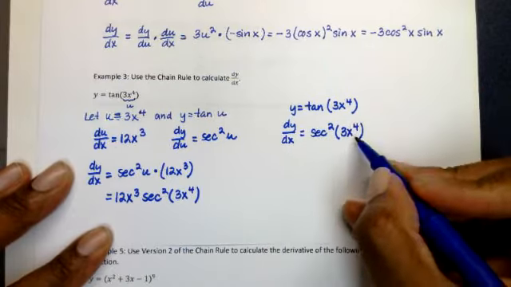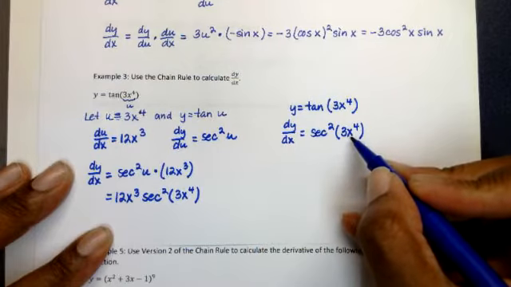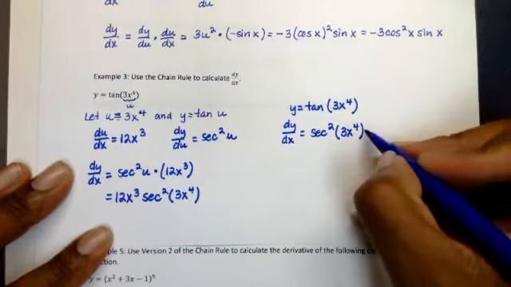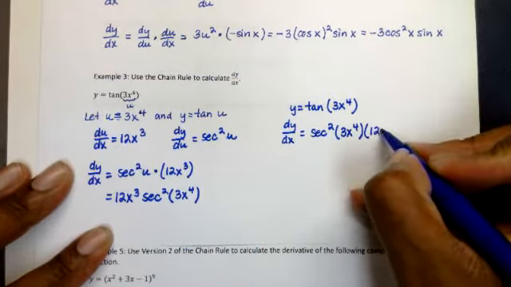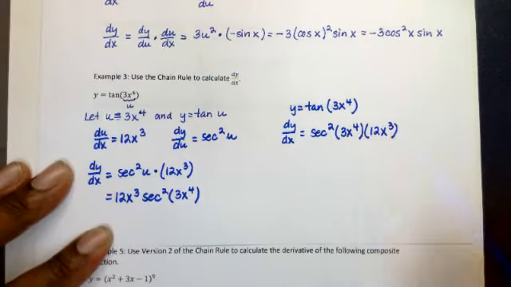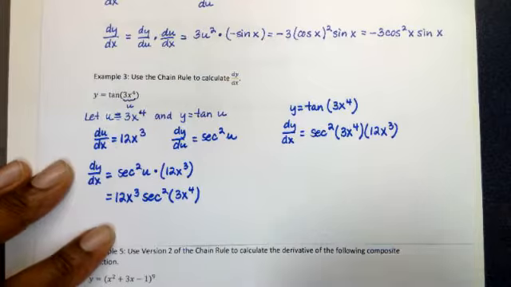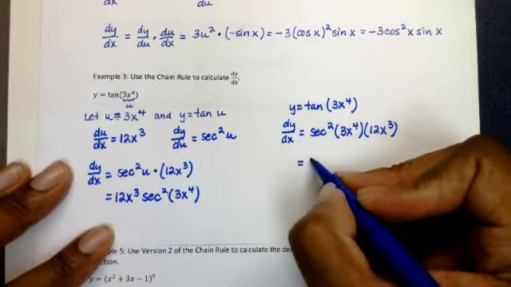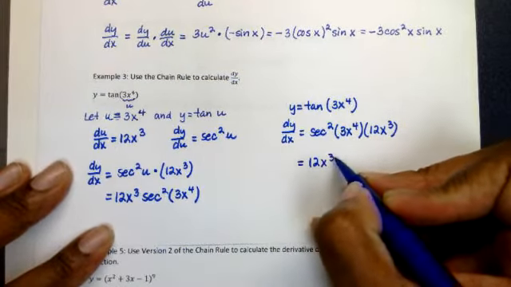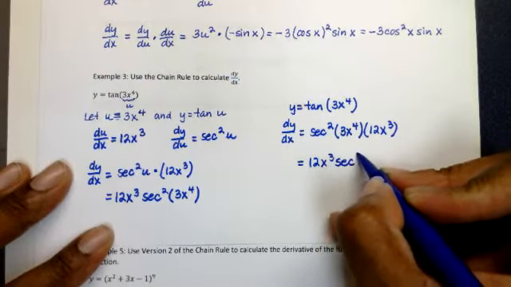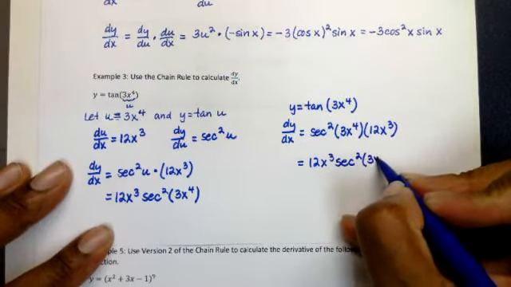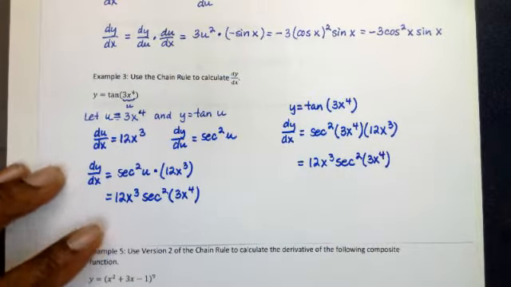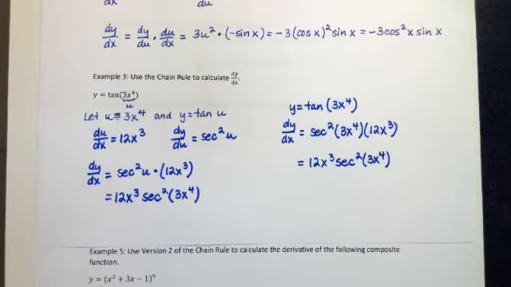But then I have to get the inside derivative of that function. That 3x to the 4th, its derivative will have to be 12x cubed. And if I simplify that, I'll bring the 12x cubed in front, and that'll be multiplied by the secant squared of 3x to the 4th. So you can see you can use either one of those 2 versions and get the same derivative.